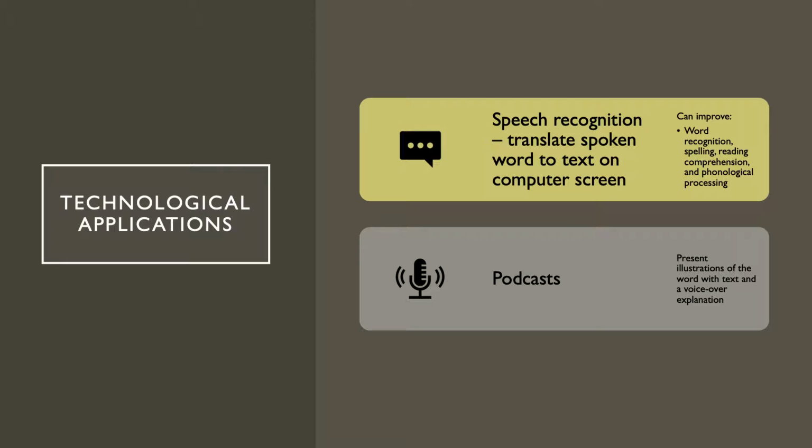Lastly, just consider technological applications. Things like speech recognition, apps and stuff that can translate spoken words to text on their iPad or computer screen, can improve word recognition, spelling, reading comprehension, and phonological processing.